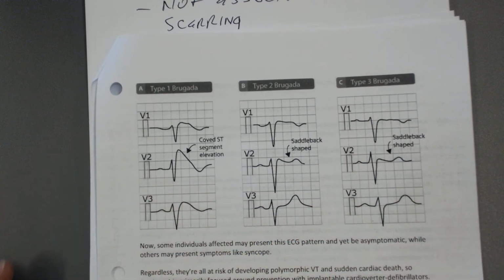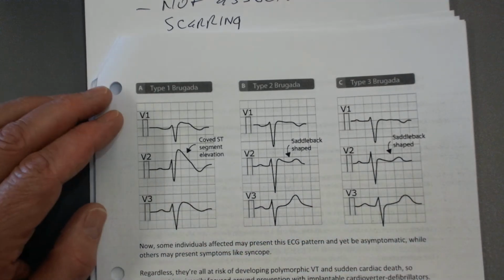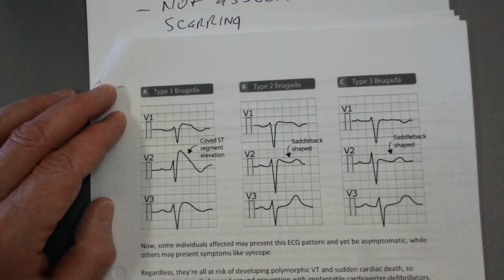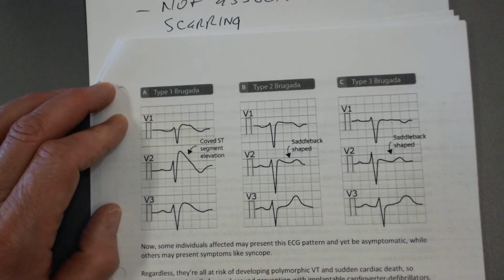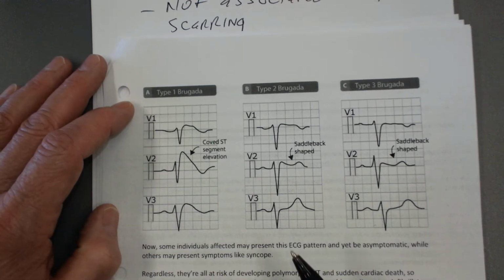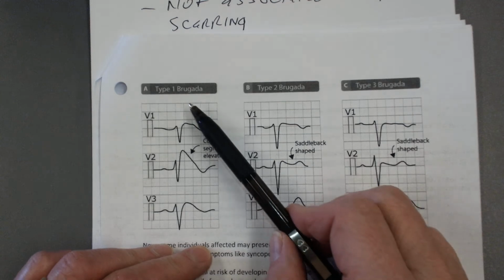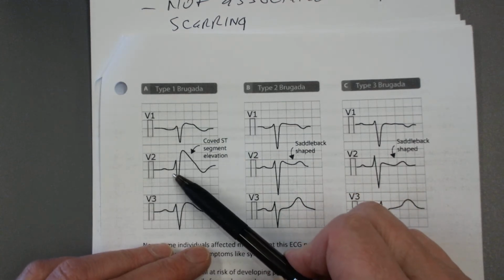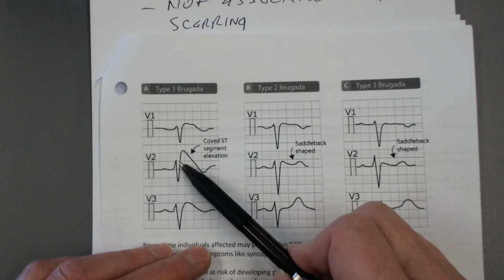There's 3 types of Brugada syndrome. But the individuals, as you can see here, they may be asymptomatic. Others may present with symptoms like syncope, perhaps. In type 1, you have this ST segment elevation in V2.